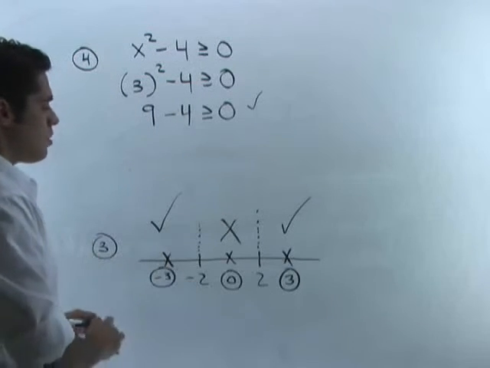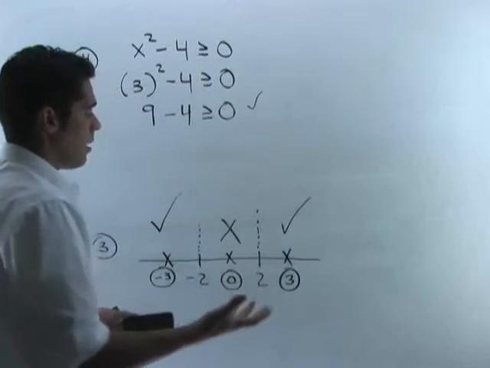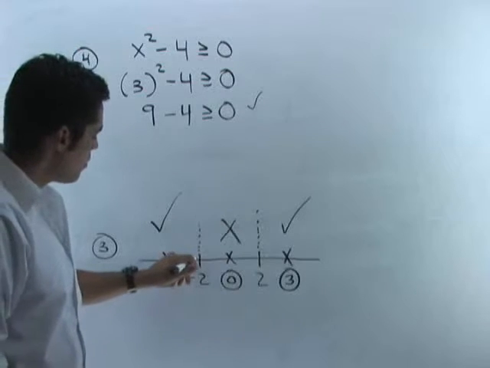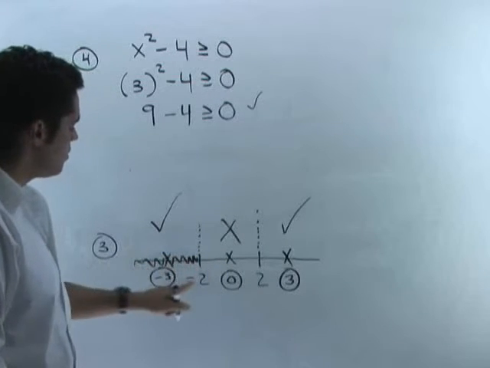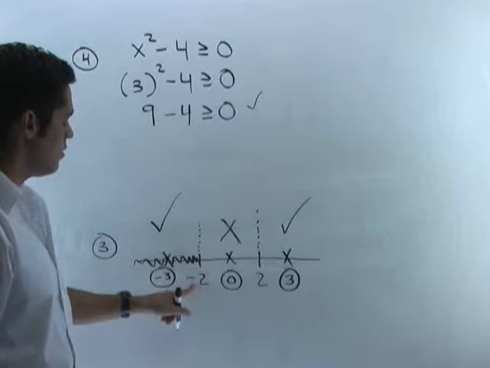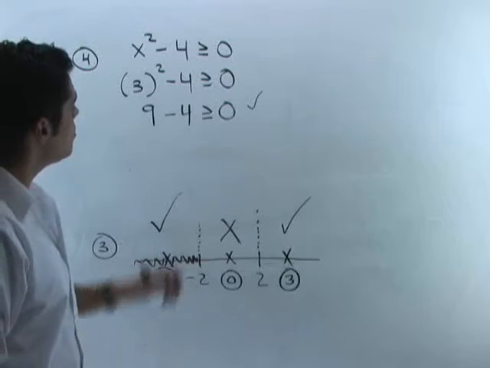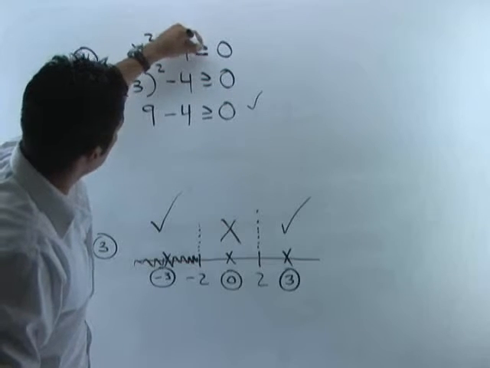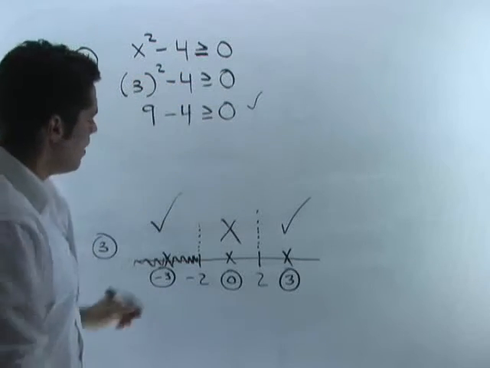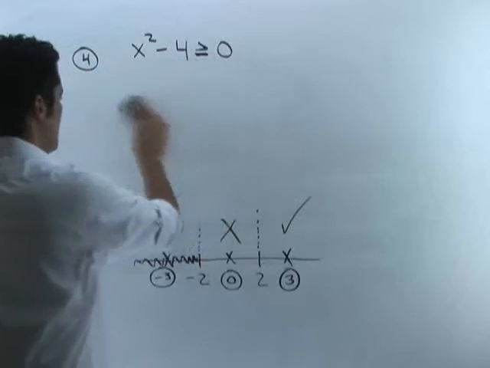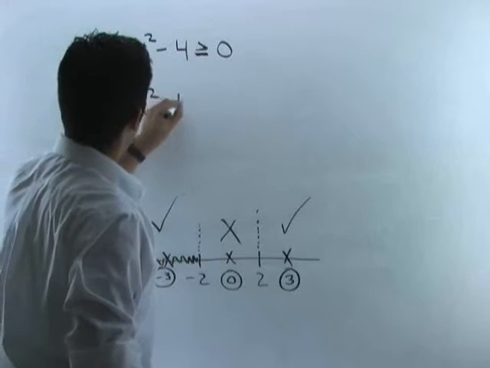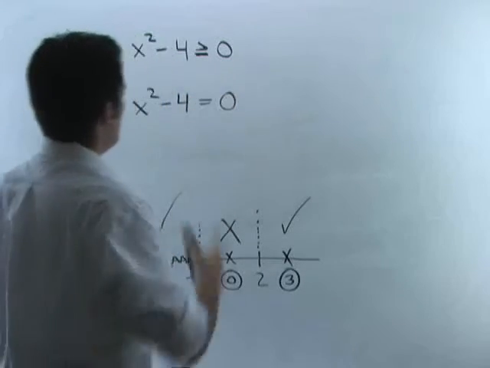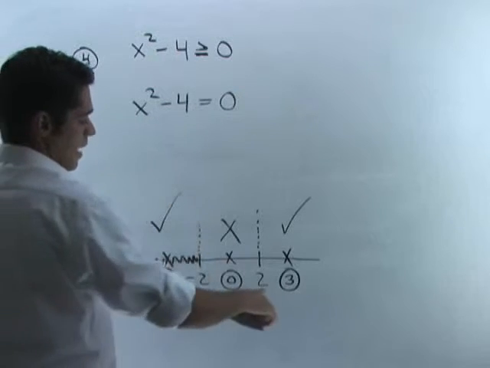Okay, so now we're ready to determine these intervals that are going to be our answers. So we know everything over here works. The question is, do we include -2 or do we not include -2? Well, in the original inequality, remember we had this greater than or equal to 0. And we saw earlier that when we did x squared minus 4 equals 0, the two solutions were -2 and 2.